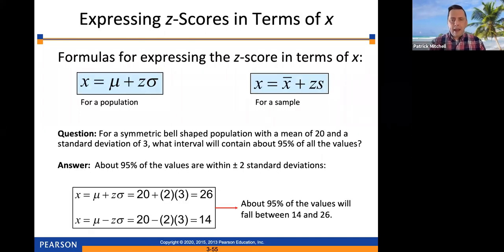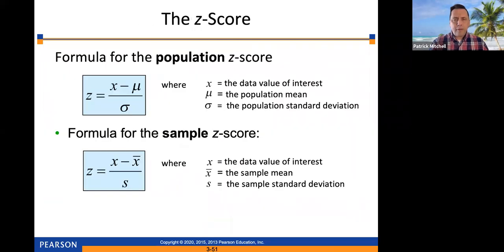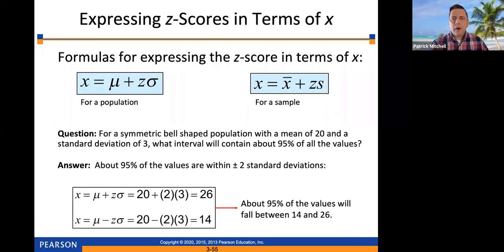All right, and the last thing we have to look at in this section, I don't want you to think that this is just a completely different out of nowhere formula. If you take these formulas and you solve them for x, then what you get are these formulas right here. So these are very handy when you know the z-score and you're trying to find out what original data value it corresponds with.